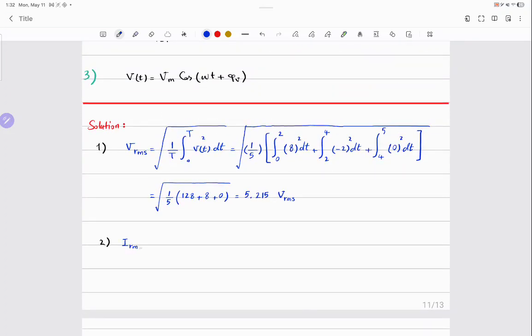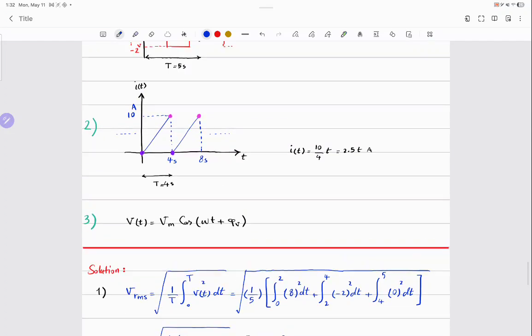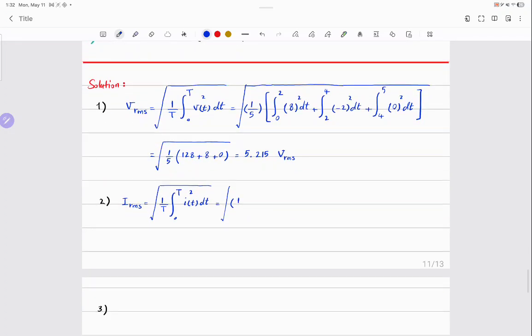So IRMS for the second signal is equal to 1 over T integral from 0 to T of I squared dt, is equal to, what was the period, it is 4, 1 over 4 integral from 0 to 4. The function is 2.5 t. Don't forget the square. This is the most common mistake. You forget to square the function.